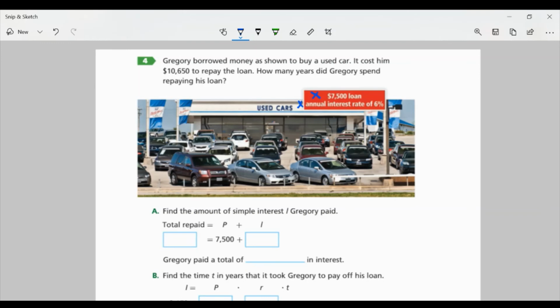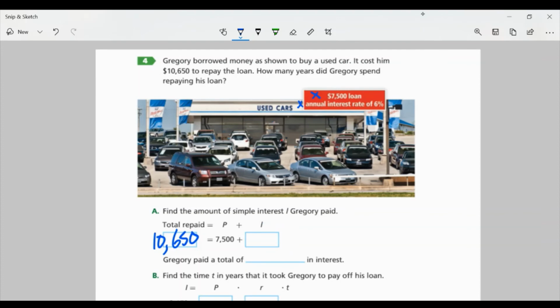So the amount he paid or repaid would be $10,650. The principal was $7,500, right? That was the original amount of the loan. I need to figure out how much he paid in interest.